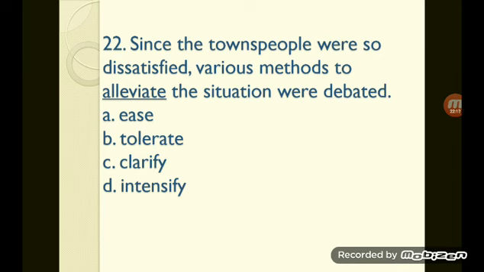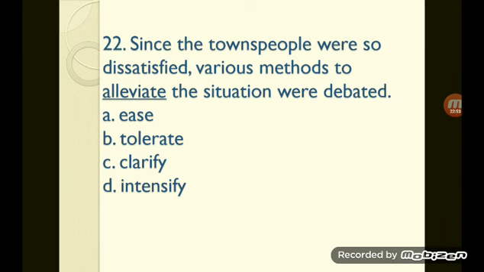The 22nd sentence is, since the townspeople were so dissatisfied, various methods to alleviate the situation were debated. So when people are dissatisfied, or when people are disapproving of something, or when somebody is in pain, you do something to ease their pain, or to ease their trouble, or to ease the discomfort.